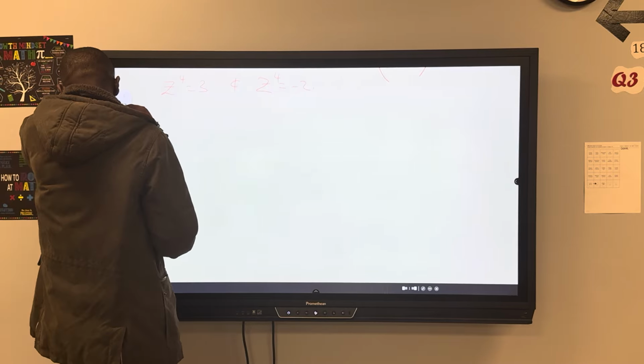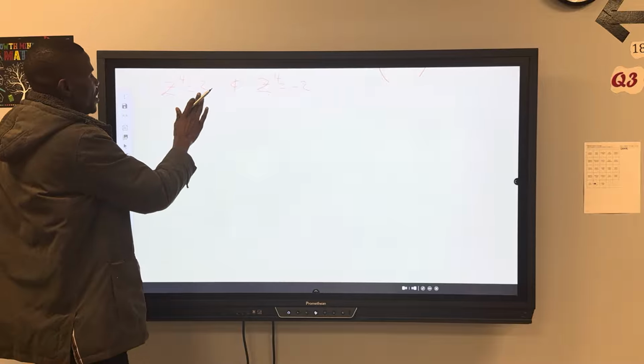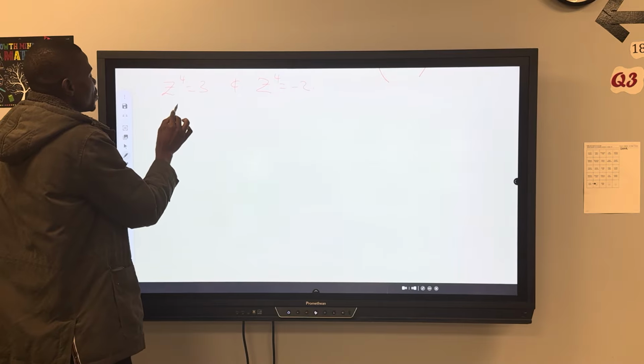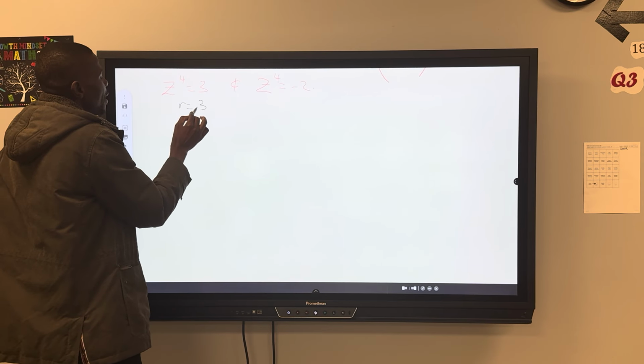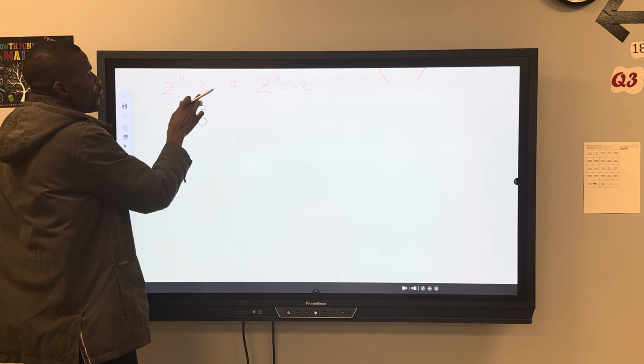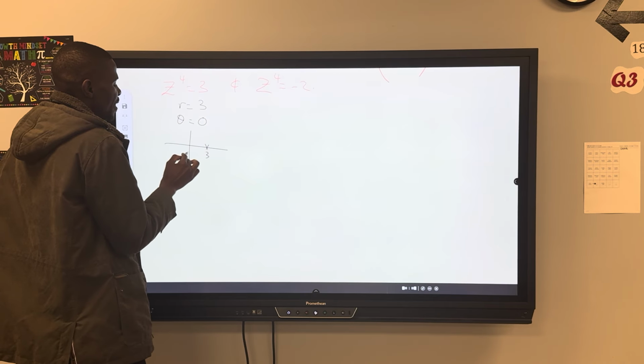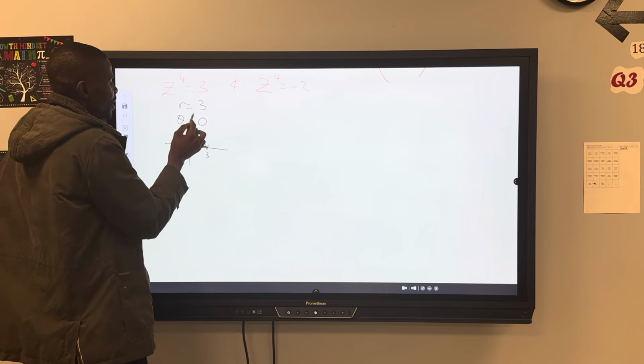So from here, first I need the angle, the argument. My r here is 3, but my argument here is 0 because this is +3, which lies on the axis. So that's my modulus, and the argument is just 0.